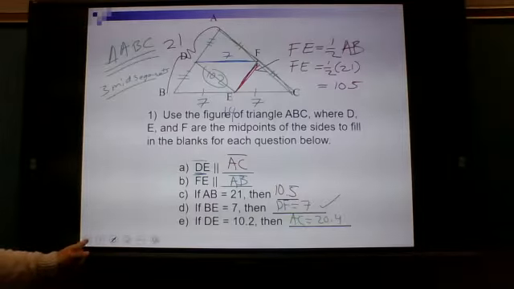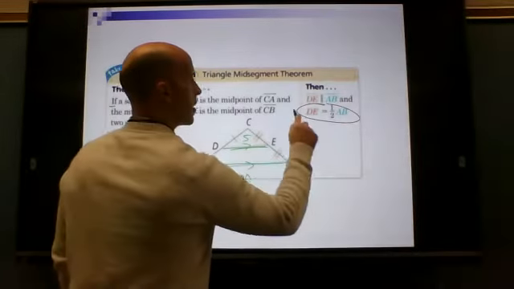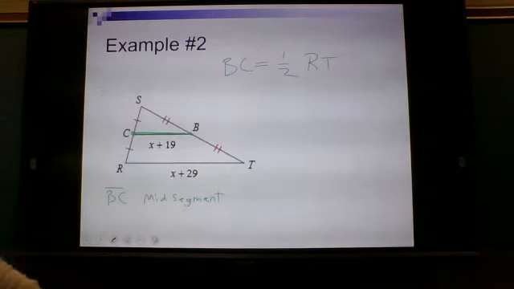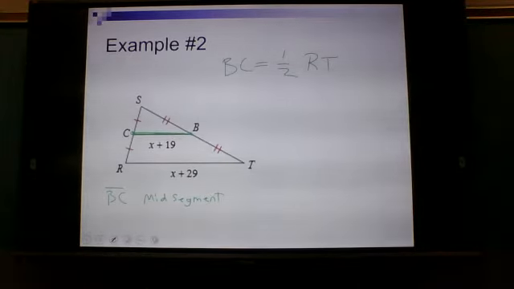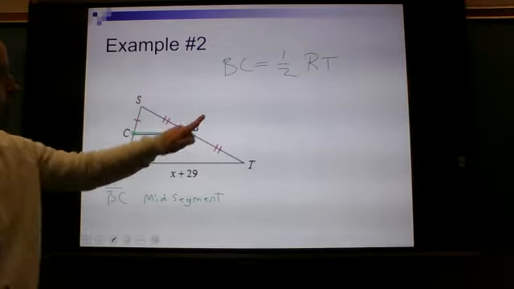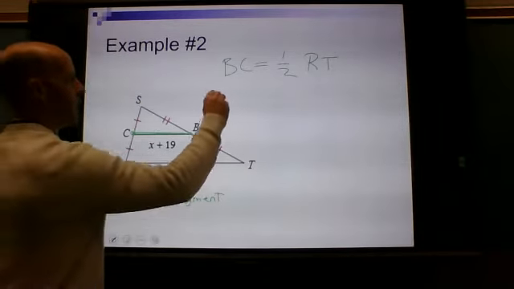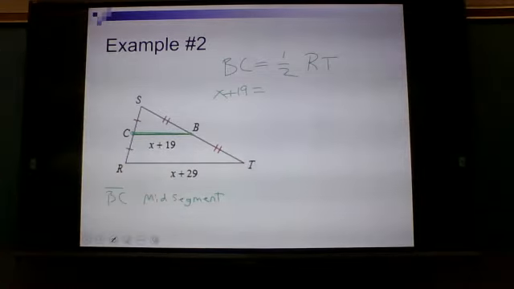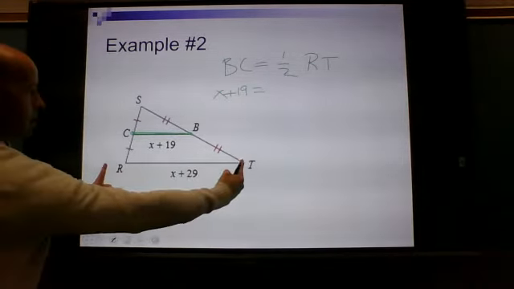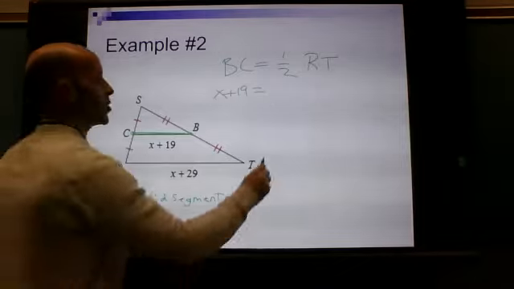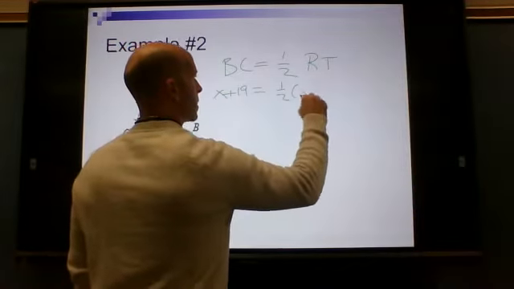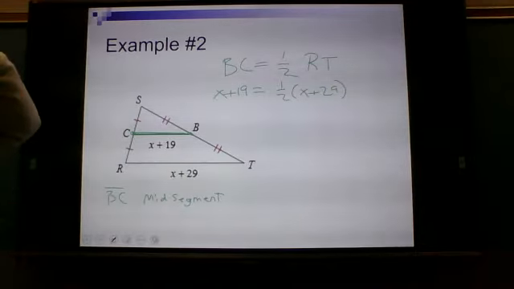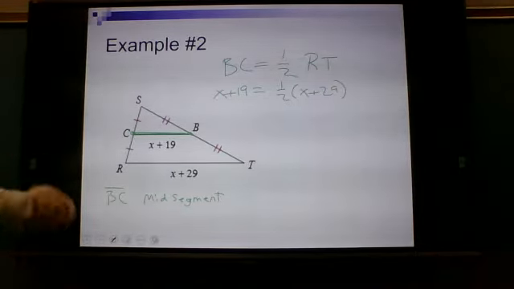So again, I'm using this theorem, theorem 5.1, to come up with my equation. So what is BC? Well, BC is x plus 19. What is RT? RT is x plus 29. So this is what we need to solve to figure out our answer for this particular problem.